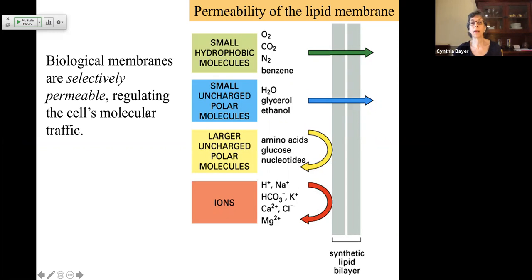So the bilayer selectively determines what's being transported across the membrane. Now, this is where the proteins come in. Proteins will be required for large molecules, charged molecules, charged ions to be able to cross that biologic membrane. So our biologic membrane has proteins embedded in that lipid bilayer, and those proteins we call transporters. So that's what we're going to be looking at today.